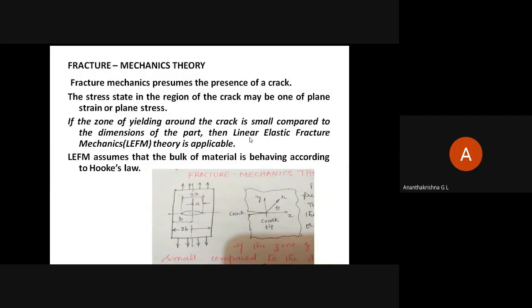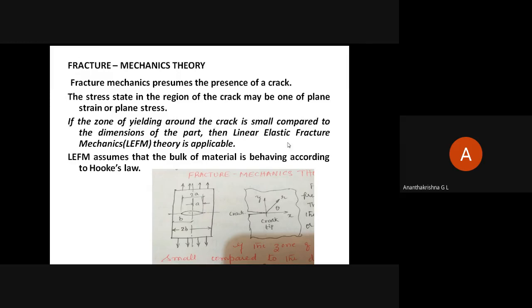Okay, we'll start. Yesterday, this is what we learned, basically fracture mechanics theory. Fracture mechanics presumes the presence of a crack. The stress state in the region of the crack may be plane stress or plane strain. The zone of yielding around the crack is small compared to the dimensions of the part, that means the crack is very small.